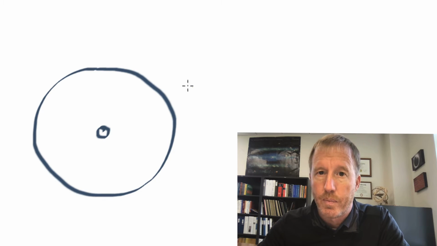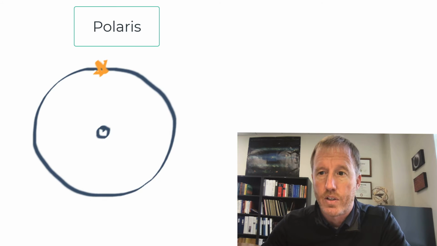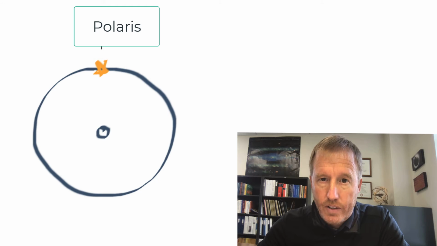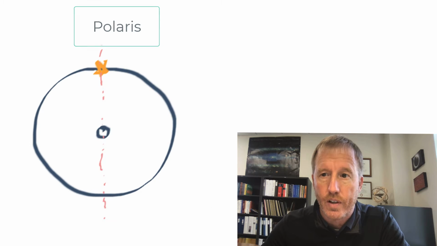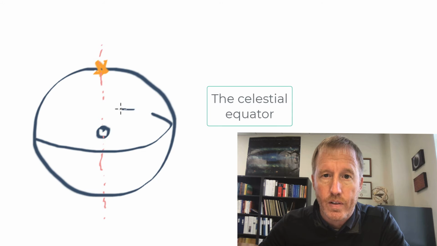And Polaris is at, let me draw that in yellow. We'll put Polaris as a star at the top of the celestial sphere. And there's an axis passing down vertically through the celestial sphere. The celestial sphere is rotating in the east to west direction around the Earth.